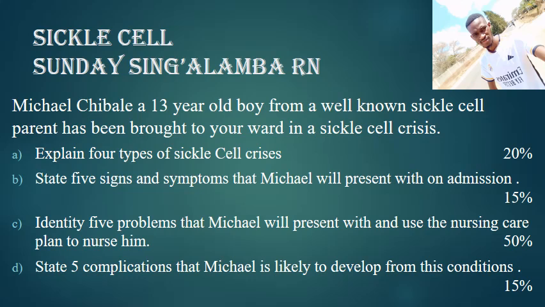In thromboembolic crisis, some complications such as stroke may eventually develop. Complications such as ulcer formation may also develop in thromboembolic crisis. The third type of crisis is spleen sequestration crisis.